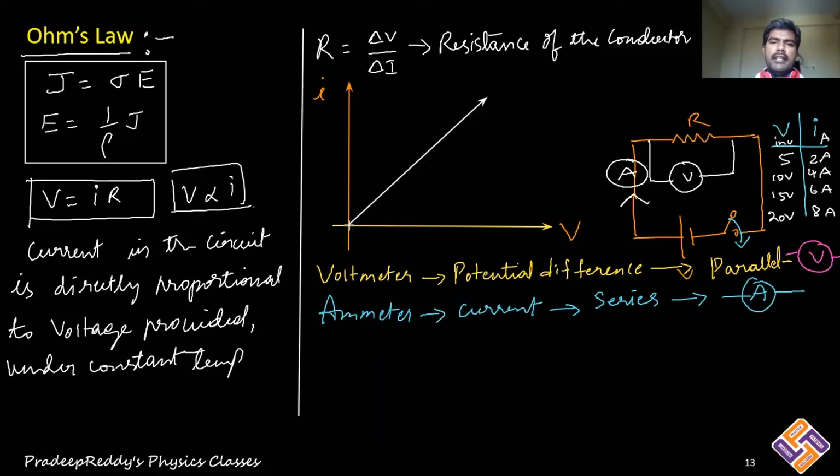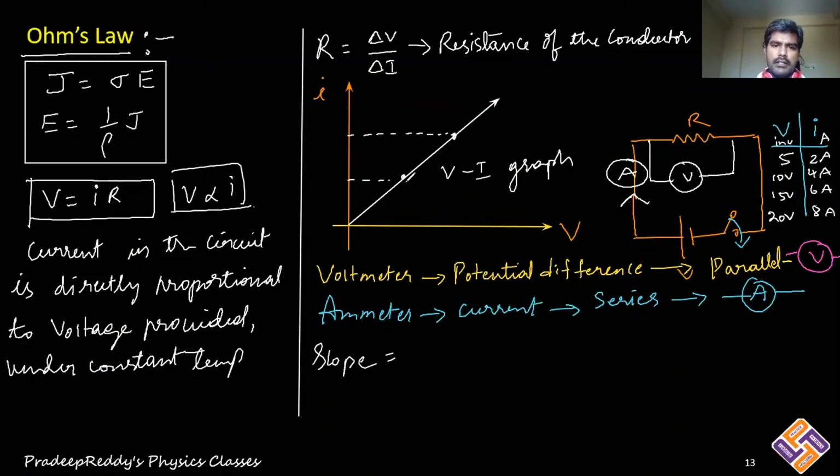This is the VI graph, the voltage current graph plotted for a conductor of resistance R. Experimentally we have got V and I values, and if you plot a graph, you get a straight line. And if you calculate the slope of this, what do you get? For the slope of this straight line, I will take 2 points over here, these are the 2 points A and B.